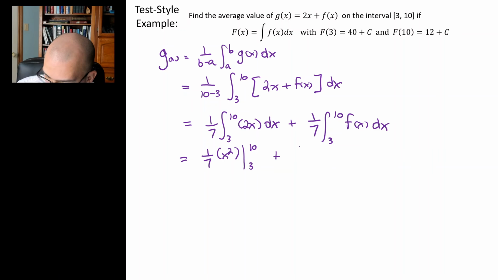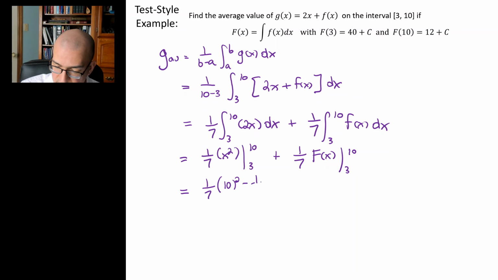The second part, antiderivative of f of x, we're told, is capital F of x. This is capital F of x evaluated from 3 to 10. Okay, so 1 over 7 times 10 squared minus 1 over 7 times 3 squared plus 1 over 7 times F of 10 minus F of 3.